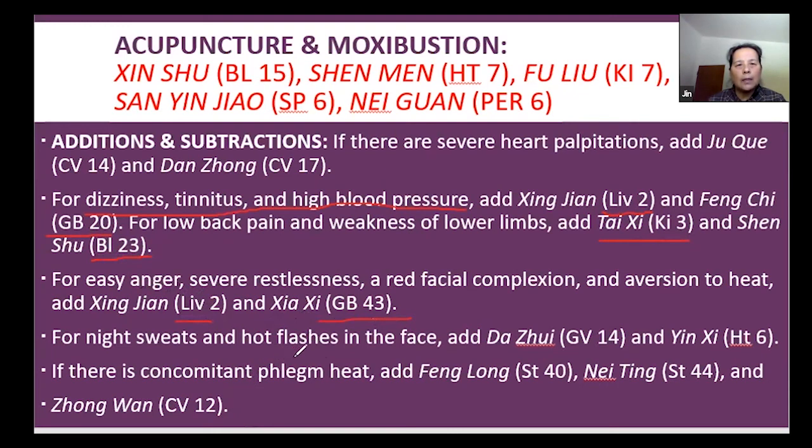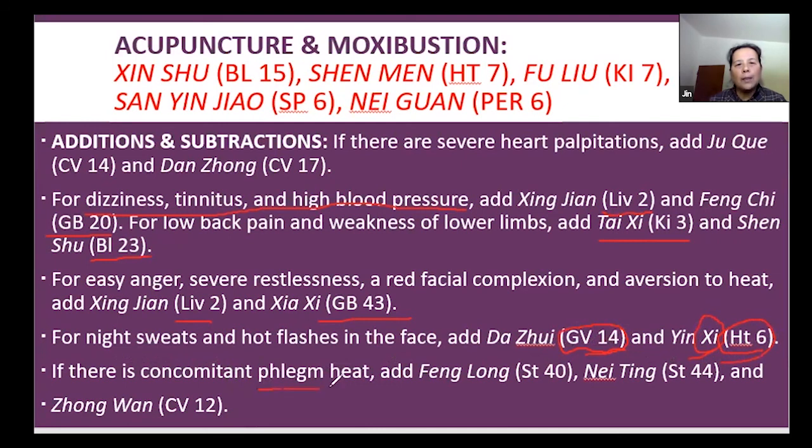Night sweating, heat sensations, Heart 6 can still clear internal heat and external heat. Heart 6, we call it the xi-cleft point. Xi-cleft points can clear heat from the heart.